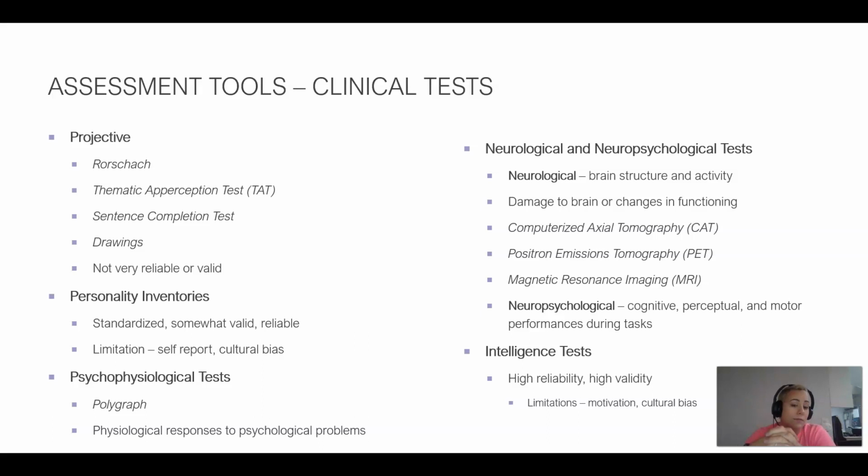That's a neuropsychological measure. And then there's intelligence tests, which were used a lot back in the day, still kind of used because they're very helpful in identifying like children with disabilities. That's very important because it compares them to their peers.